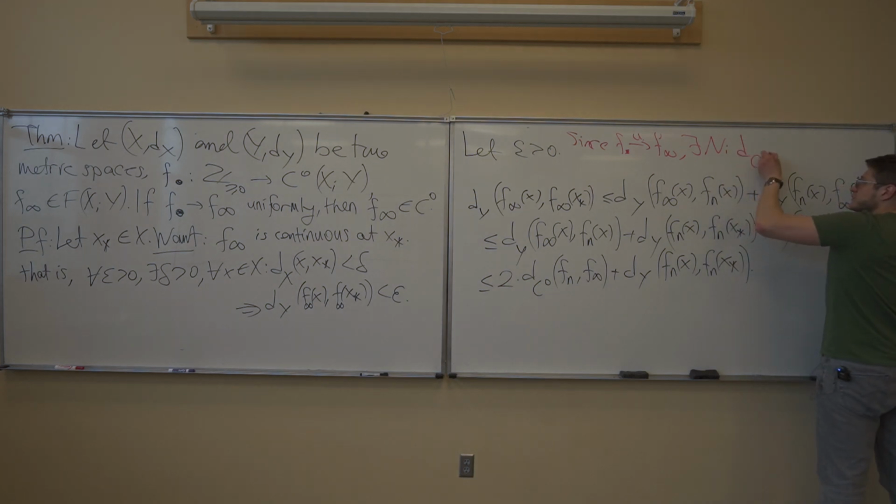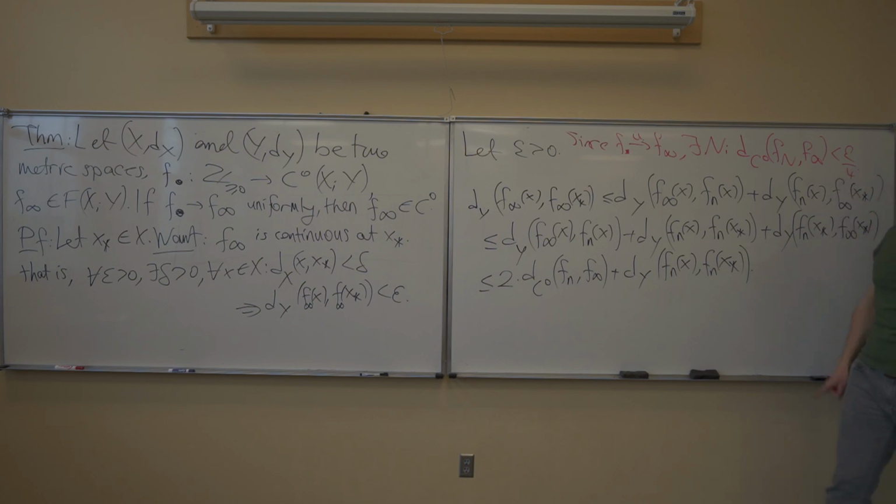Such that the C0 distance between f sub capital N and f sub infinity is bounded by epsilon over 4. So this gives me control over this.